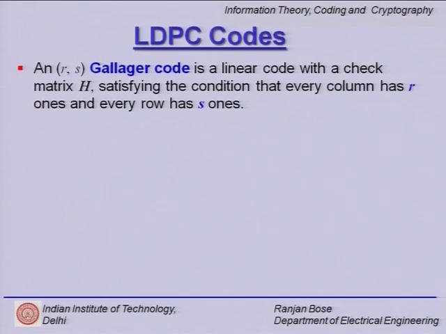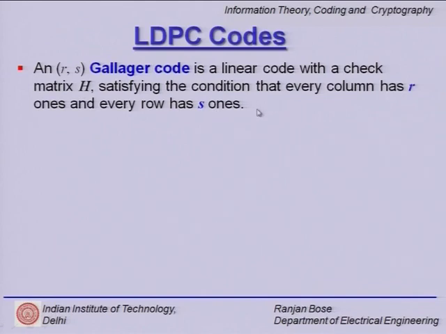So, an (R, S) Gallager code is a linear code with a check matrix H which satisfies the following condition. In the H matrix, every column has R ones and every row has S ones, and the rest are all zeros.